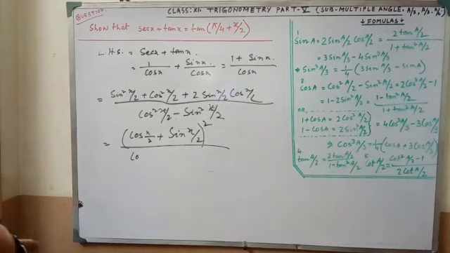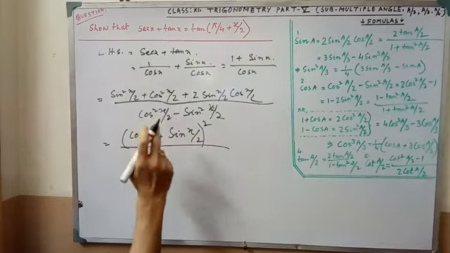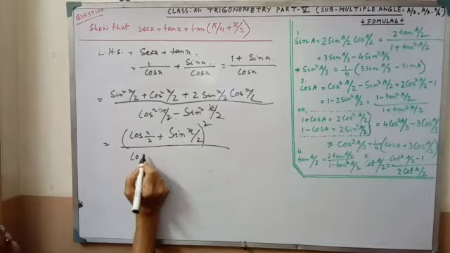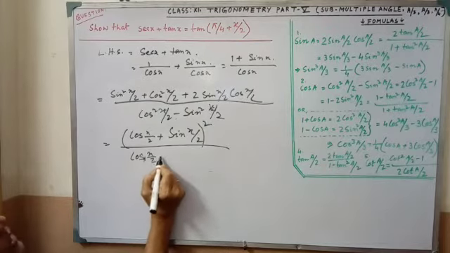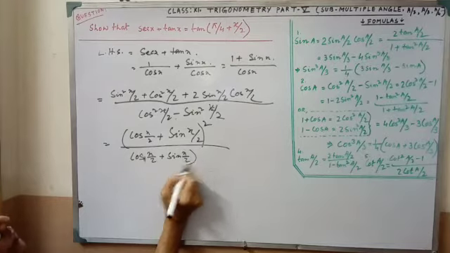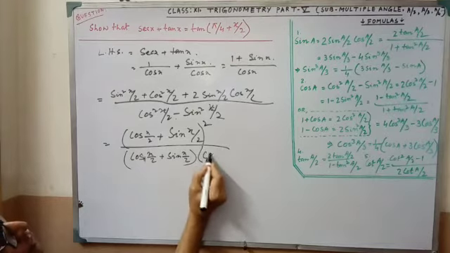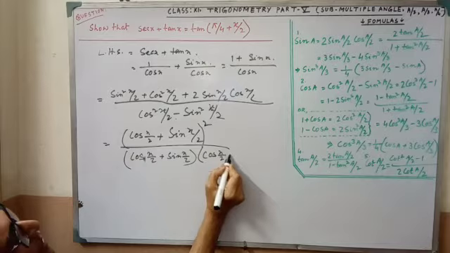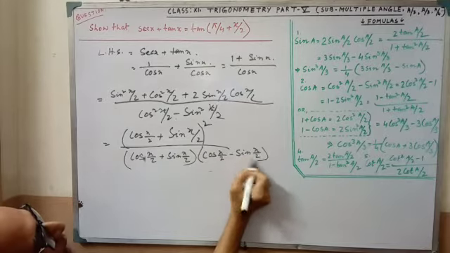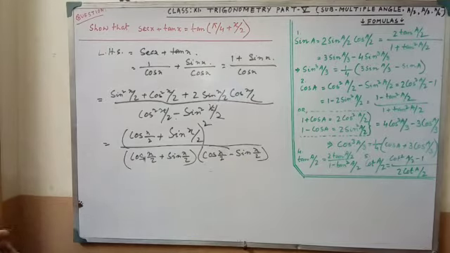What is given in the sum, exactly that form you have to write. So cos x by 2 plus sin x by 2 into cos x by 2 minus sin x by 2. No problem up to this.